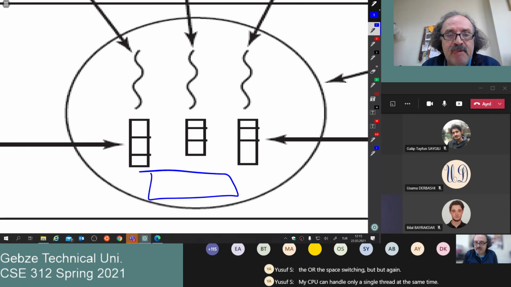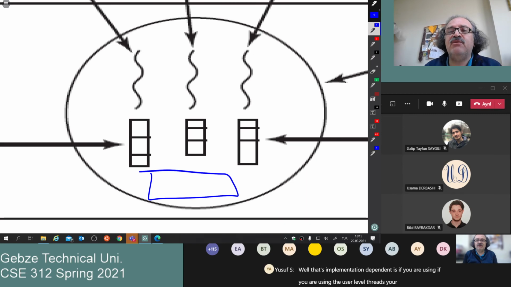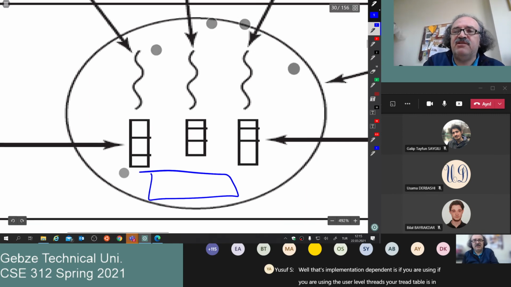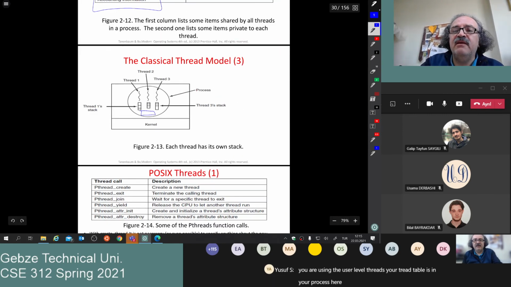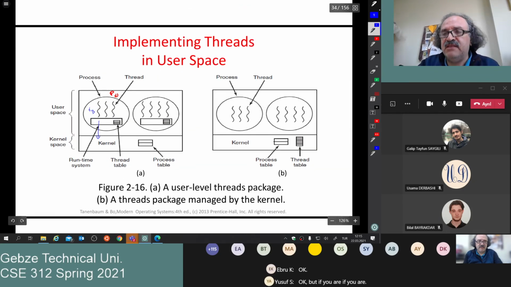Where do I keep my thread table? Well, that's implementation dependent. If you are using user level threads, your thread table is in your process here. But if you are using this, your thread table is in the kernel space.